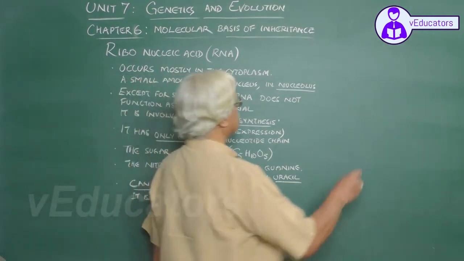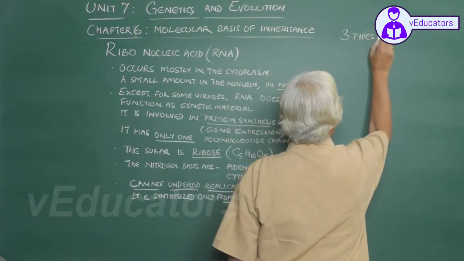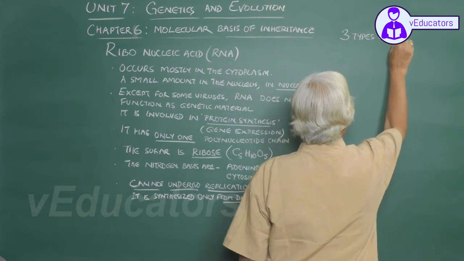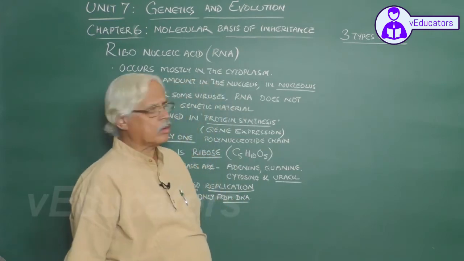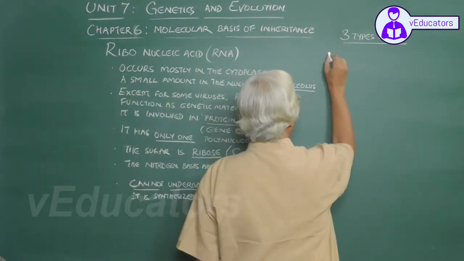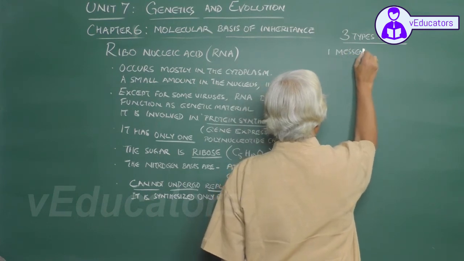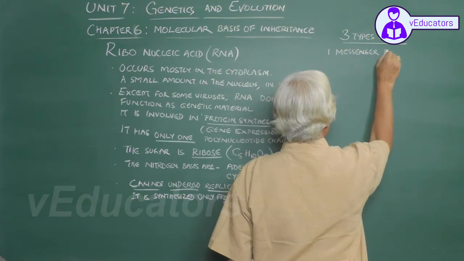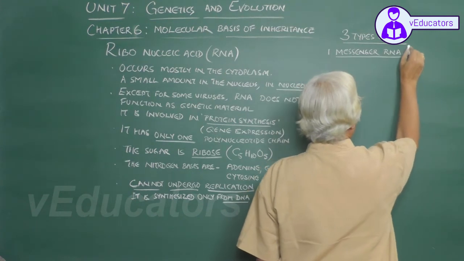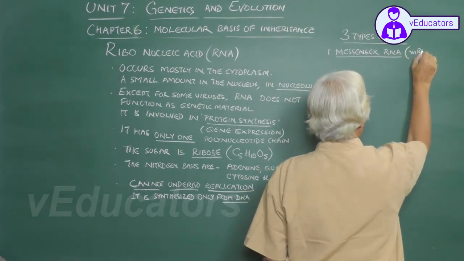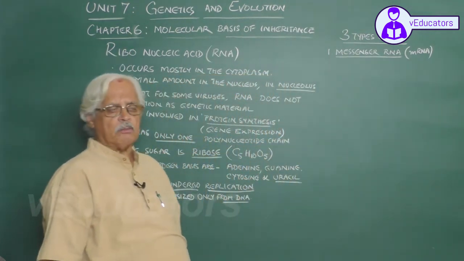There are three types of RNA. One is called messenger RNA, commonly abbreviated as mRNA.